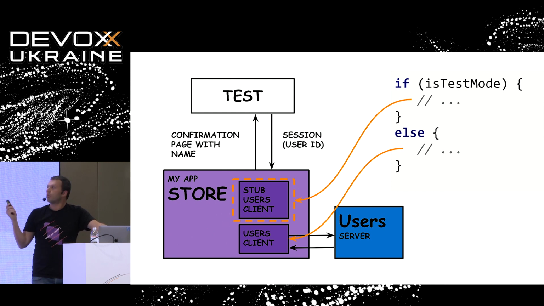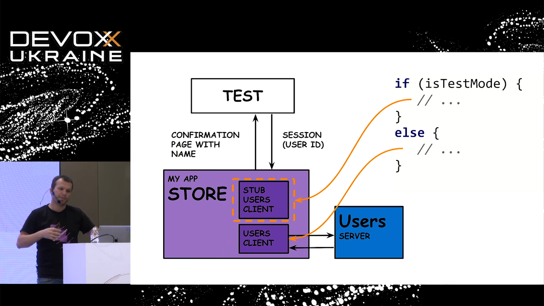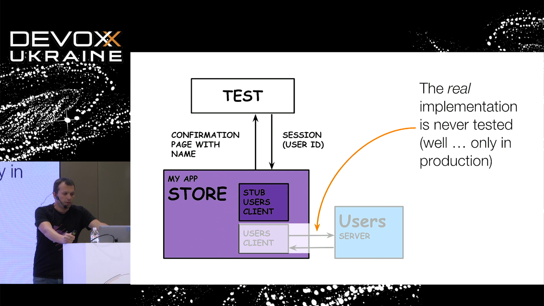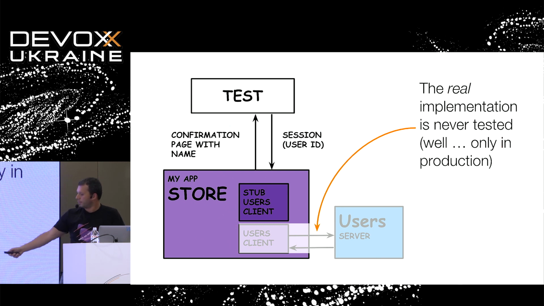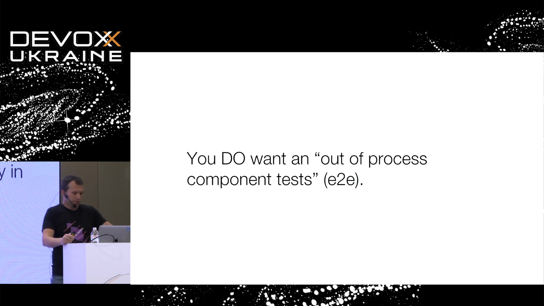Then you have something like this in your code. Sometimes it's an if, sometimes it's some fancy dependency injection that gets the configuration and puts the right wiring. But the important thing to understand here is that the real code is not tested at all. I mean, it is tested in production. So you do want a proper out-of-process component test, the end-to-end that I refer to today.